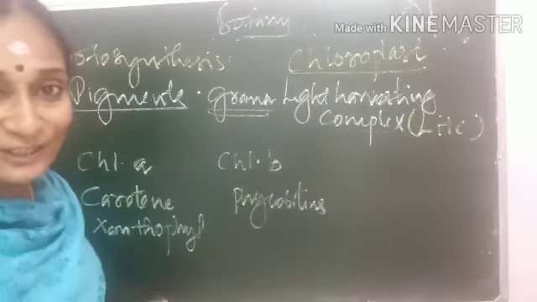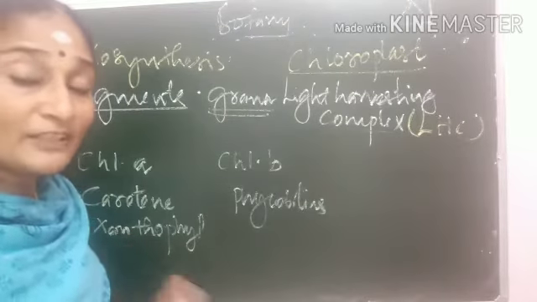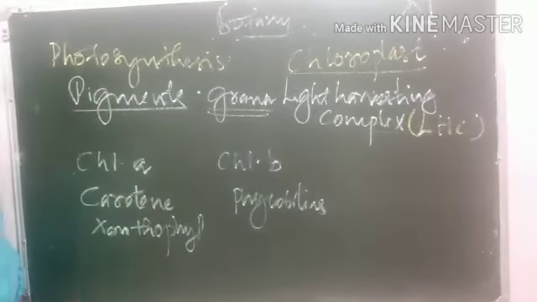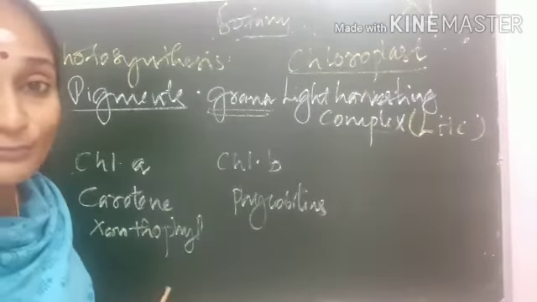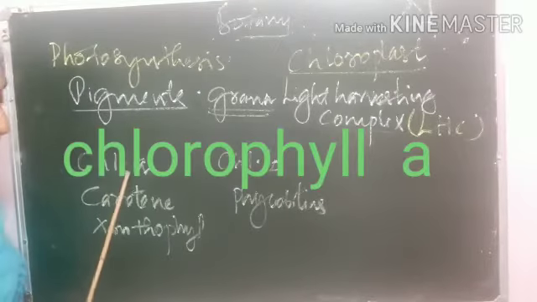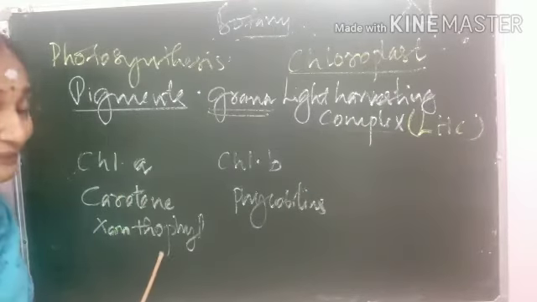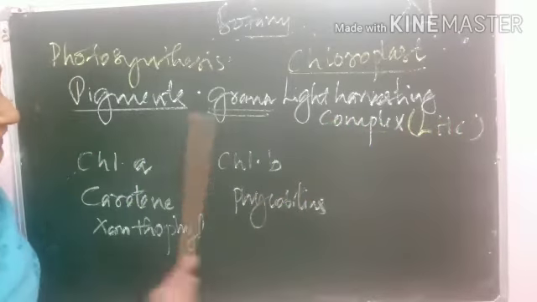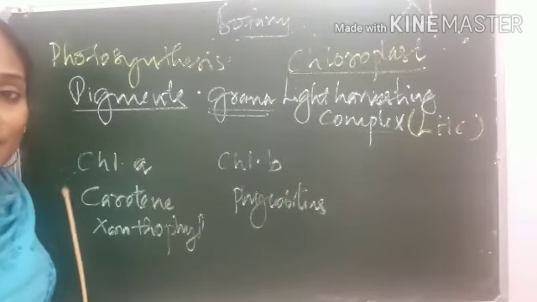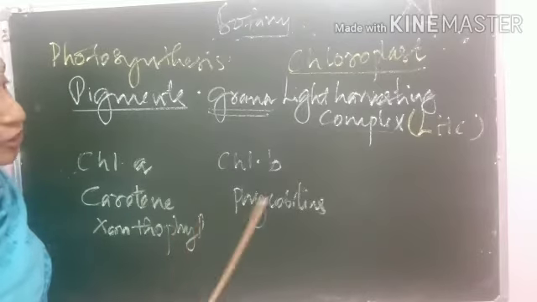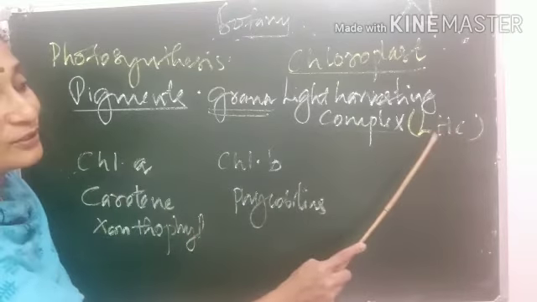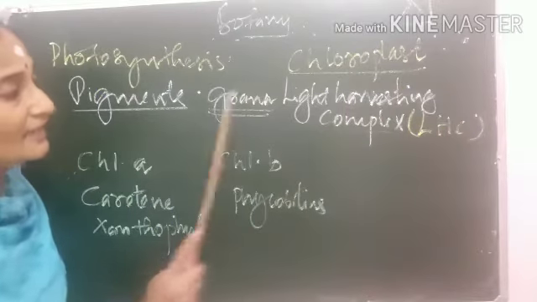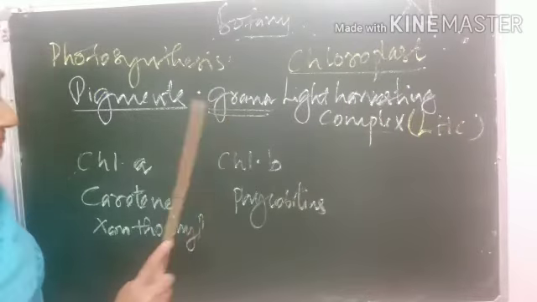We are familiar with the chlorophyll molecule, but chlorophyll molecules are also of different types. So these are the different types of chloroplast pigments, and all together they are called the light harvesting complex. They are seen in grana.